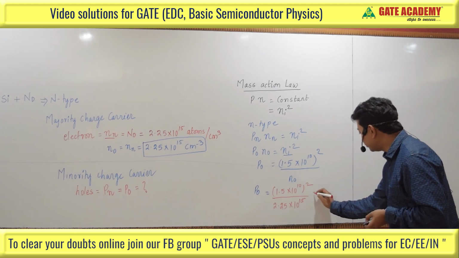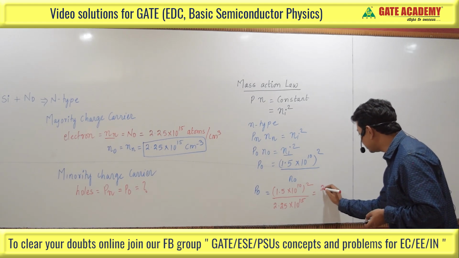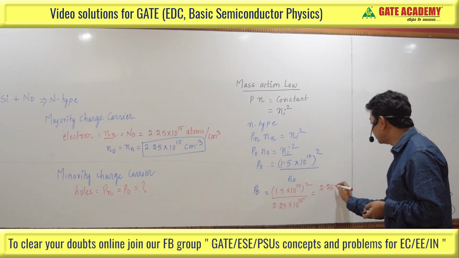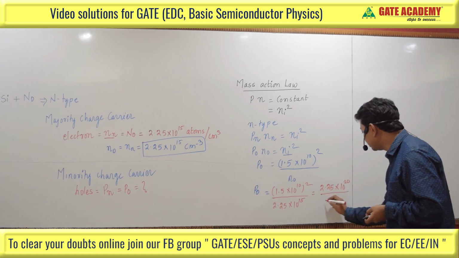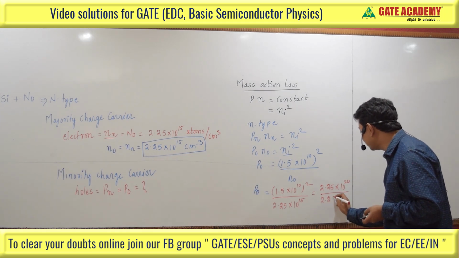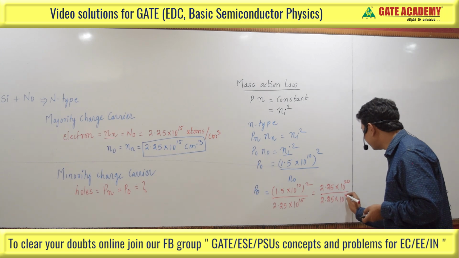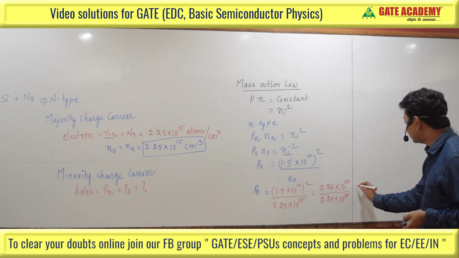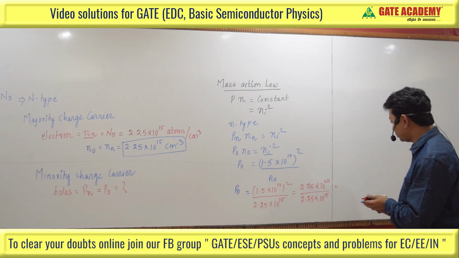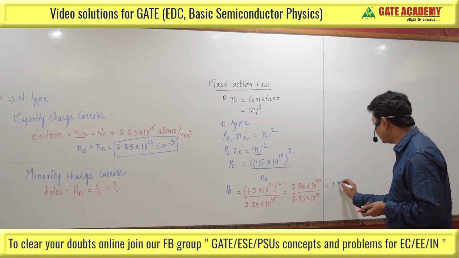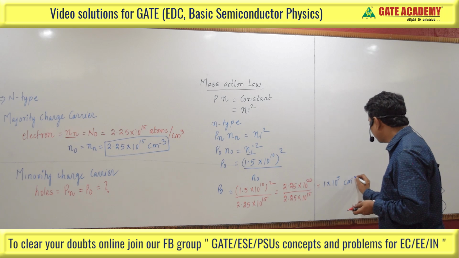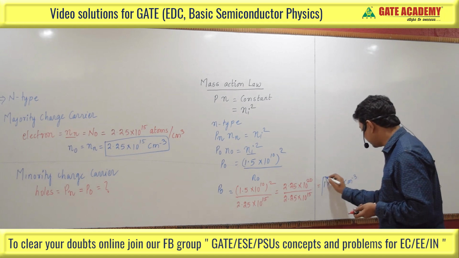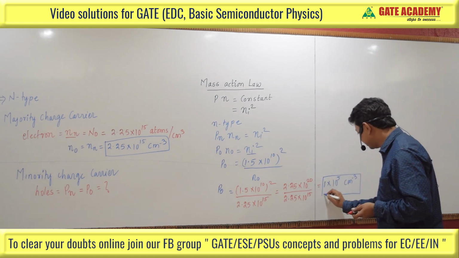If the square is taken, this is equal to 2.25 into 10 to the power 20 divided by 2.25 into 10 to the power 15. And the answer will be 1 into 10 to the power 5 per centimeter cube. And this is the correct answer.